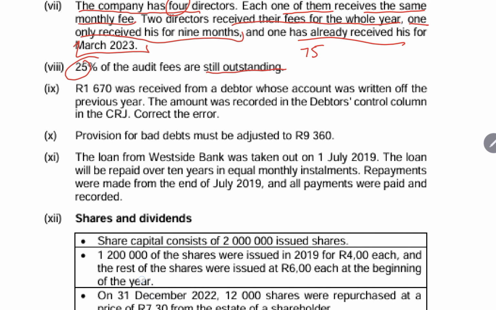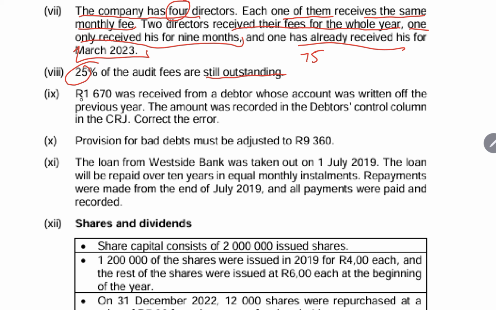What are they saying to us? 1,670 was received from a debtor whose account was previously written off in the previous year, and they're saying that the amount was recorded in the debtors control column in the CRJ. Correct the error.